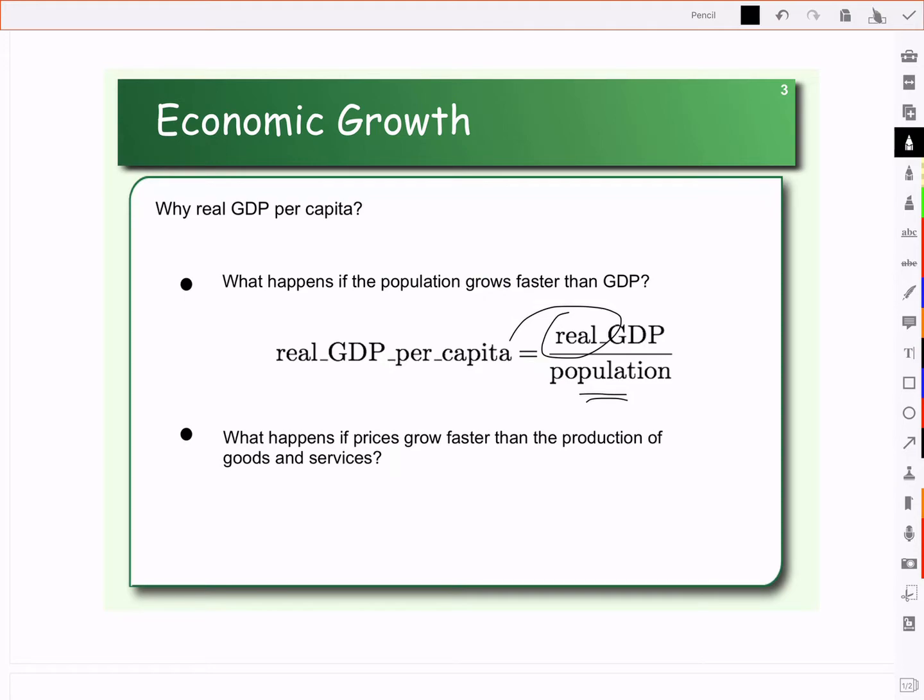Well, the reason that we go from nominal GDP to real GDP is because if the gross domestic product is the total value of all our final goods and services, the total value of everything we make, goes up simply because everything is more expensive, then that doesn't mean we actually have more goods and services. So we're not really better off. So instead we look at real GDP. We take out the inflation so we can look really at the amount of goods and services that we're producing.